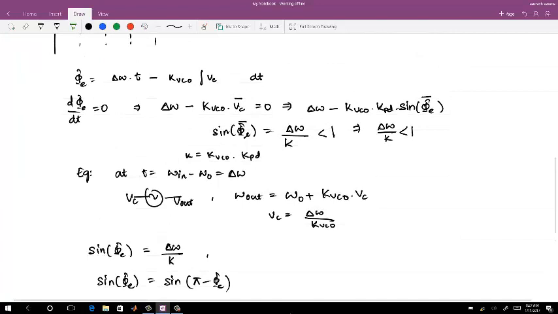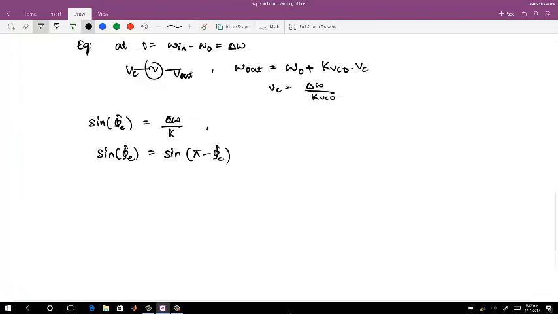So coming back to the phase error equation, phi e of t is delta omega t minus K_VCO times K_PD times the integral of sine of phase error in steady state. Let me just put it as an average times dt.